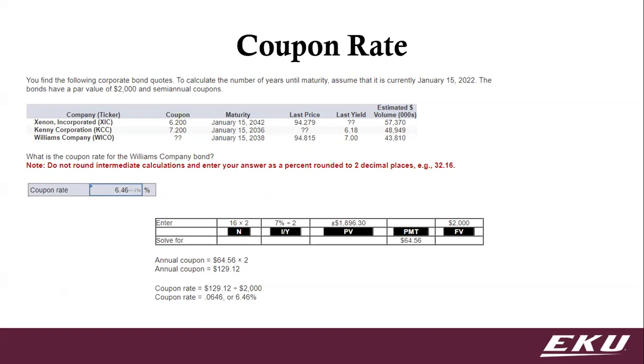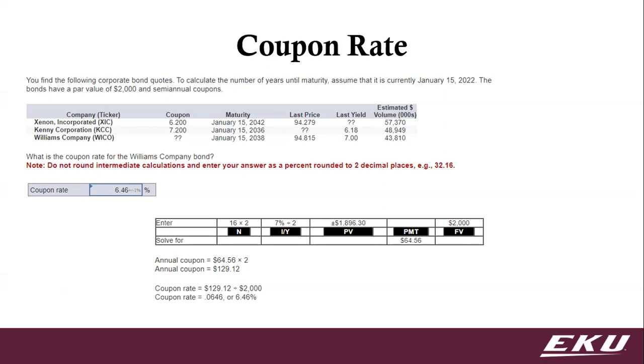So what we're going to do when we put this in the calculator, I find it easiest not to try to change the periods per year, which you can do. To me, it's easier just to leave periods per year as one, as an annual thing, and you just have to manipulate your number of periods and your interest rate. So all you do is simply double the number of periods, because it's 16 years, and that's the same as 32 half years.